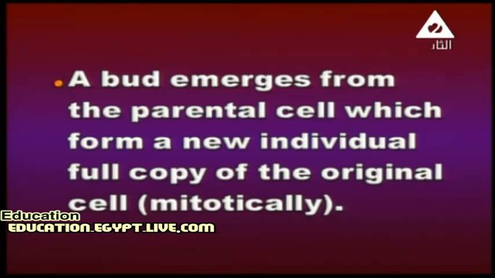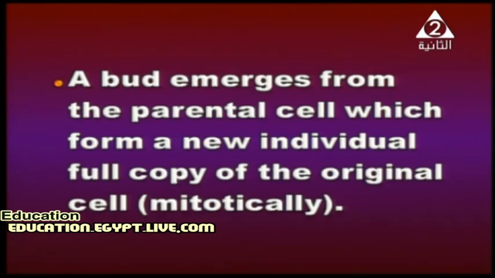When you put the yeast fungus in a warm sugary solution, it will reproduce by budding, and a bud arises as a lateral bulb in the body of the parent cell. Then the nucleus divides by mitotic division. Part of the nucleus migrates to the bud and the other part remains in the parent cell body.